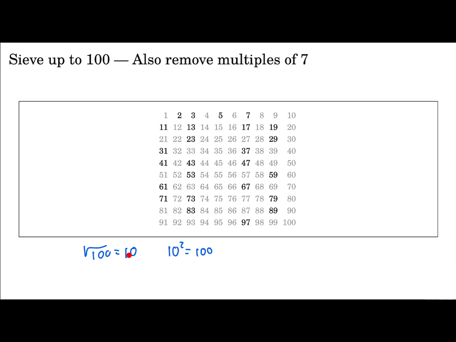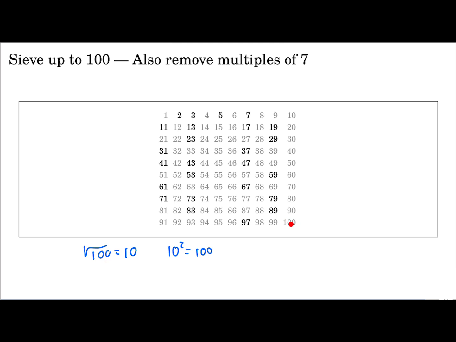The reason is that if there is a number after 10 that you multiply by something to get 100, it needs to be multiplied by a number smaller than 10. Because if both numbers are larger than 10, then when you multiply them together, it's going to be more than 10 times 10, which is 100. So you don't need to do this procedure beyond the square root of the number that you're interested in.